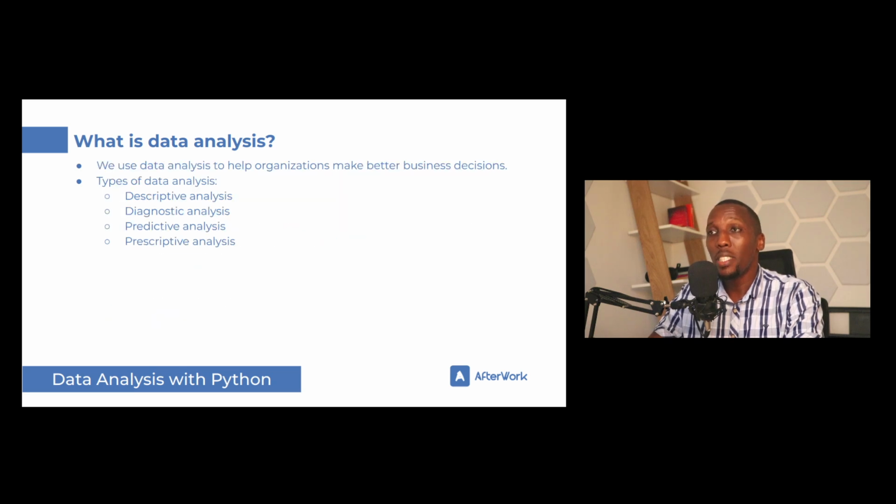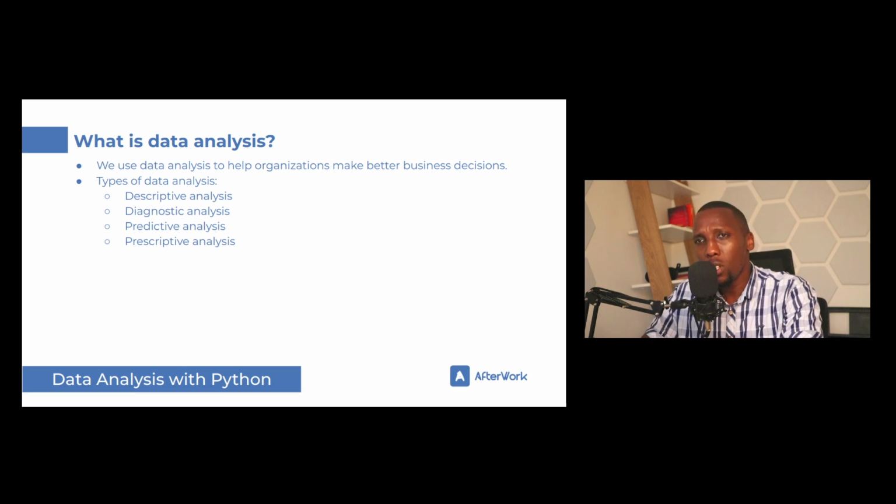So generally, data analysis comes in different forms. There are 3 or 4 types of data analysis: descriptive analysis, diagnostic analysis, predictive analysis, as well as prescriptive analysis. The first type, descriptive analysis, generally deals with historical data.